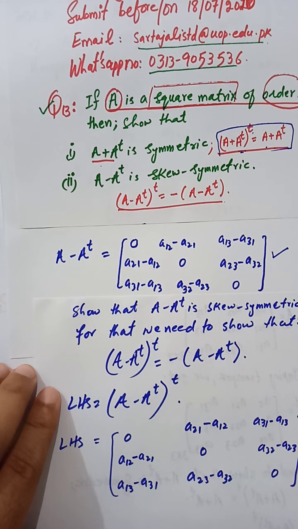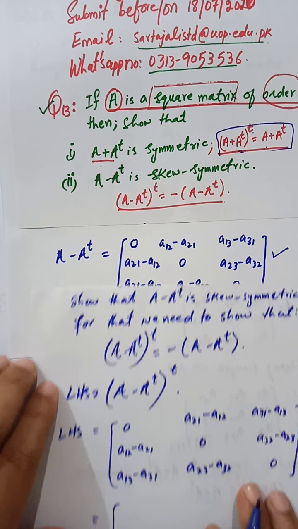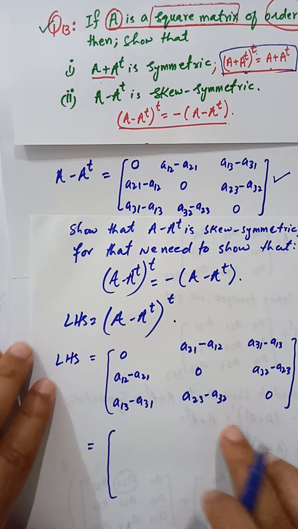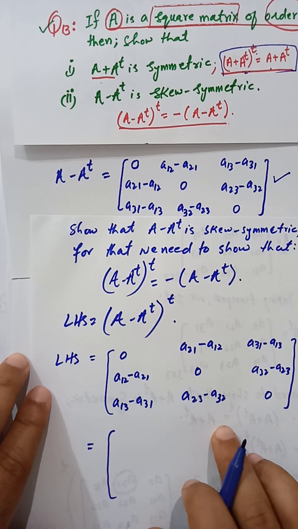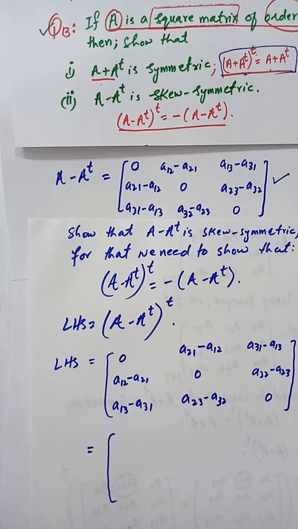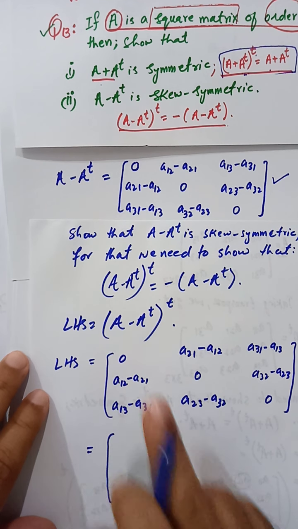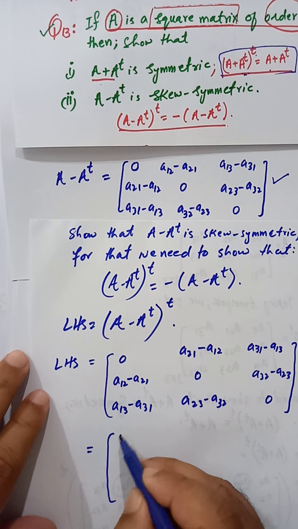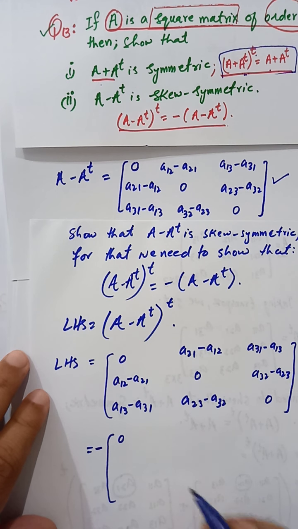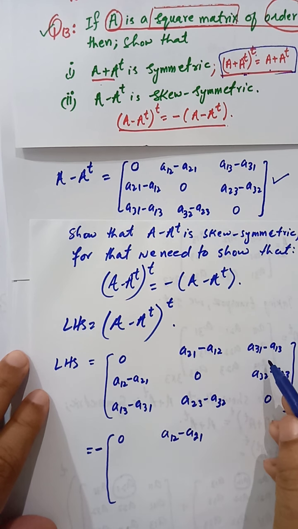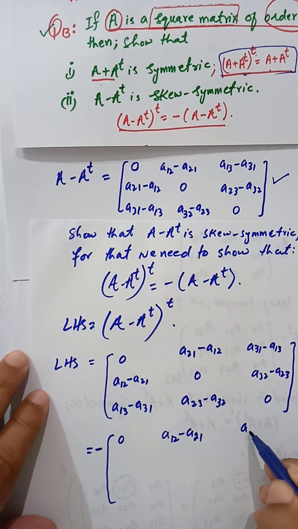Take minus common from this. So the minus common will be taken from each element of this matrix. When minus is common from 0, that will become minus 0. Minus 0 means 0. I am writing minus 1 here. So when I take minus common from here, that will become A12 minus A21. Here, that will become A13 minus A31.